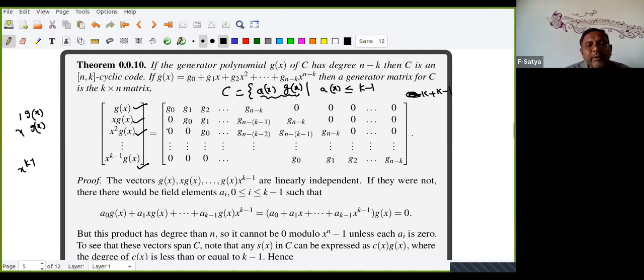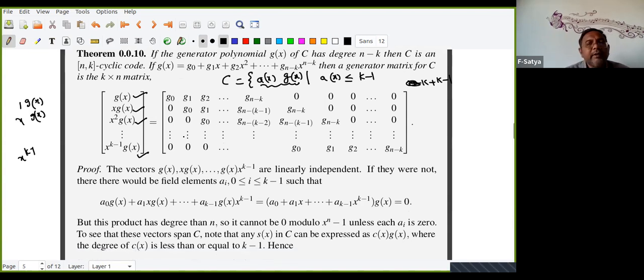Now convert these into vectors. So this is the generator matrix. Every codeword is a linear combination of these, that's why it's a generator matrix. Very simple and quite clean, I feel. Any questions?